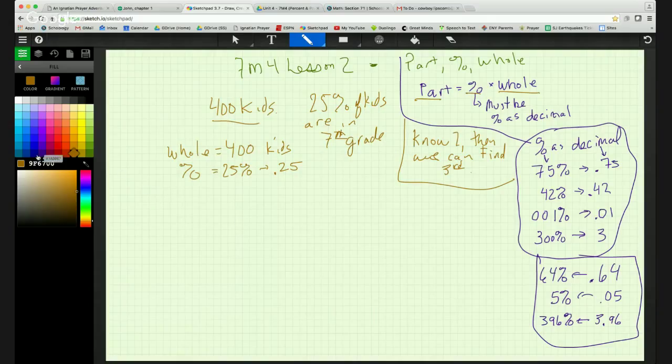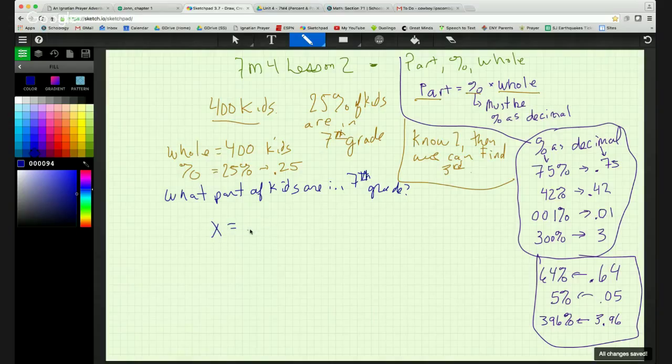So we write the equation, part, it could be P, we'll call it X, equals 0.25, remember our percent as a decimal, times our whole, 400. And you can calculate this out and you get X equals 100.